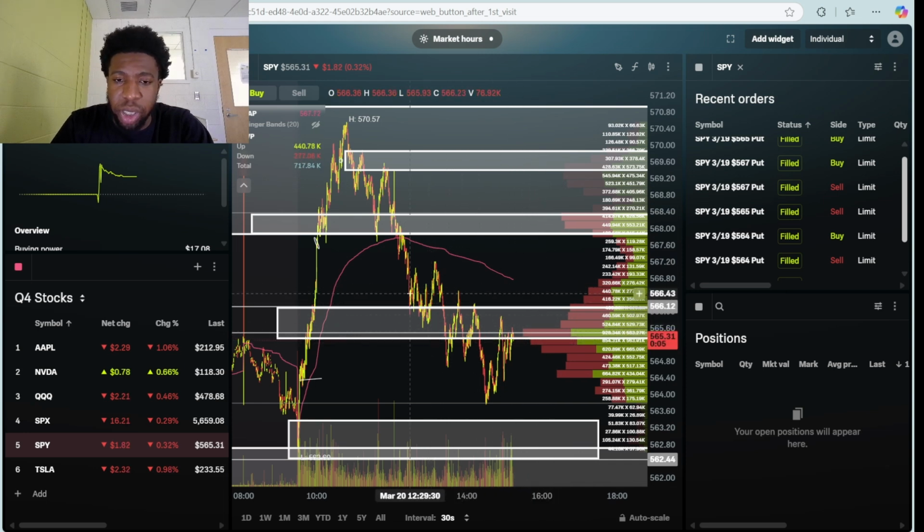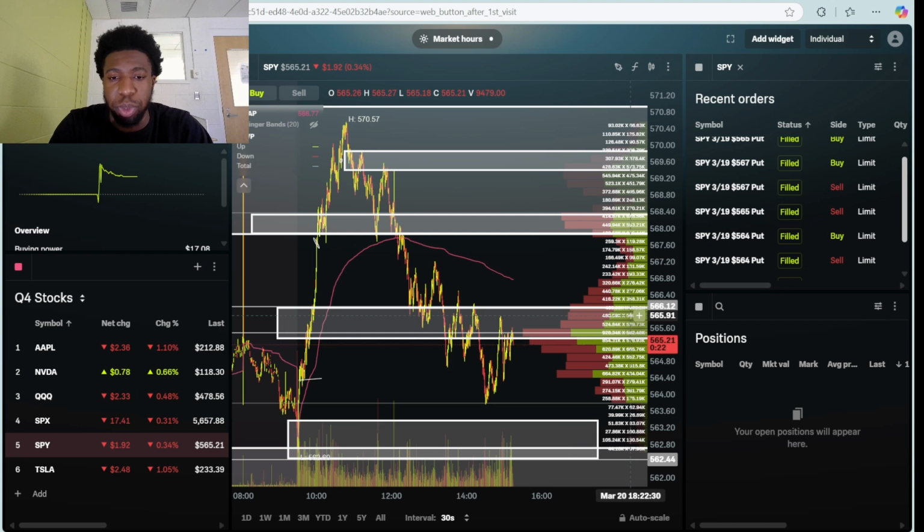And what that means is SPY or any stock will consolidate or bounce through these high levels of volumes. You tend to see a lot of consolidation or reversal happen on these levels of high volume. So what I try to do is look for these levels, and around these levels, I'll either look for a pullback or a push through.